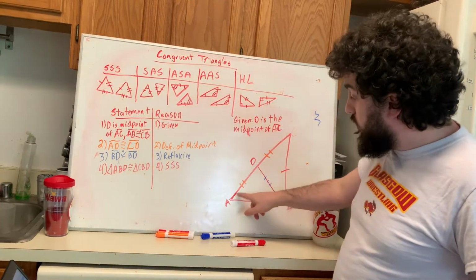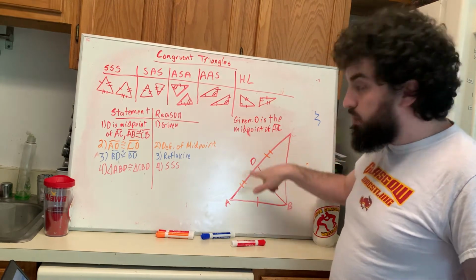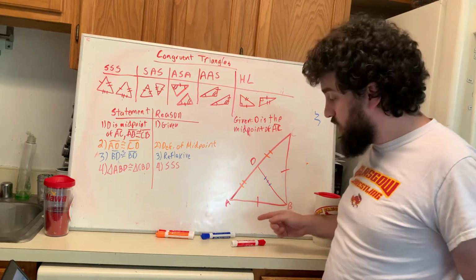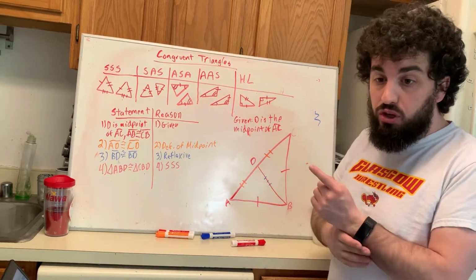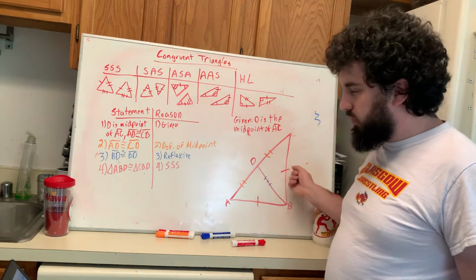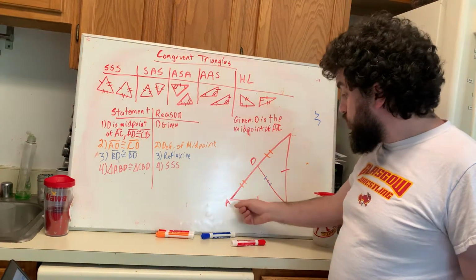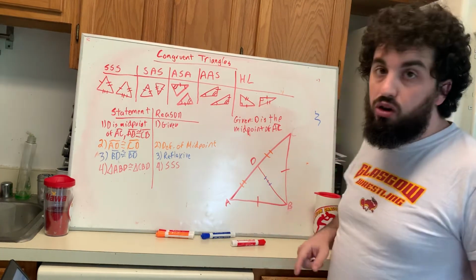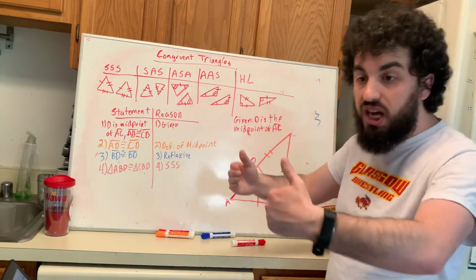Like I said, I could have gone the route of noticing my large triangle ABC was isosceles. So first I would have to deem it an isosceles triangle by making the statement, I know AB and BC are congruent, therefore that triangle is isosceles.